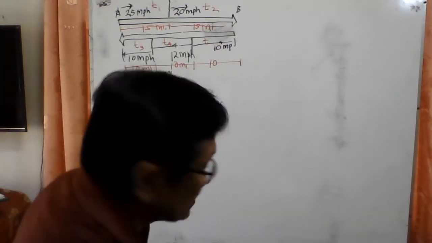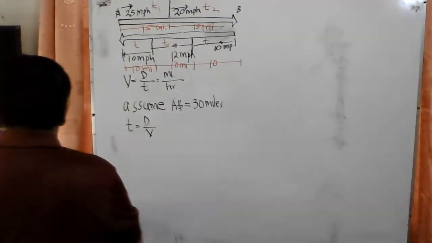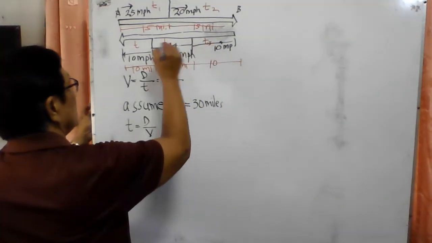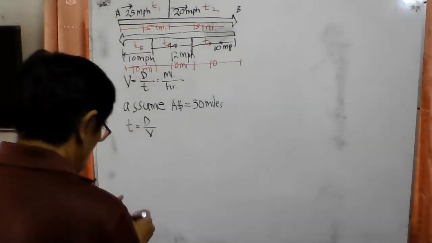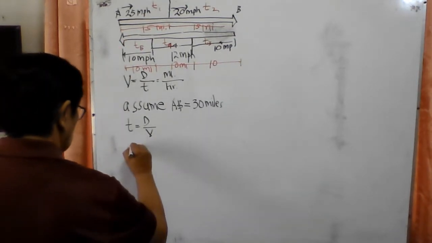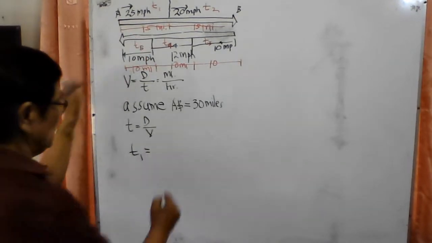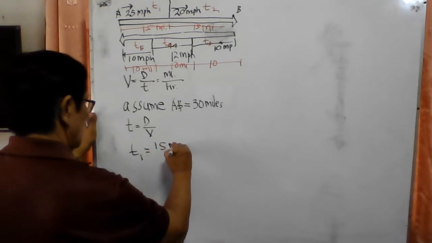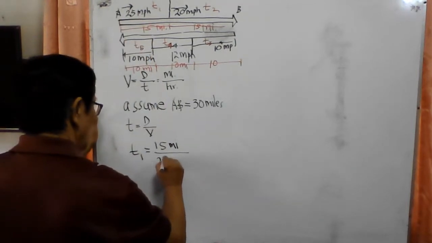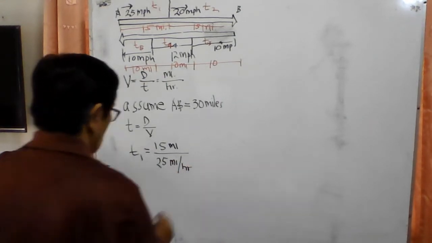Let's do it chronologically. Time 1 equals the distance, which is 15 miles, divided by the velocity, which is 25 miles per hour.